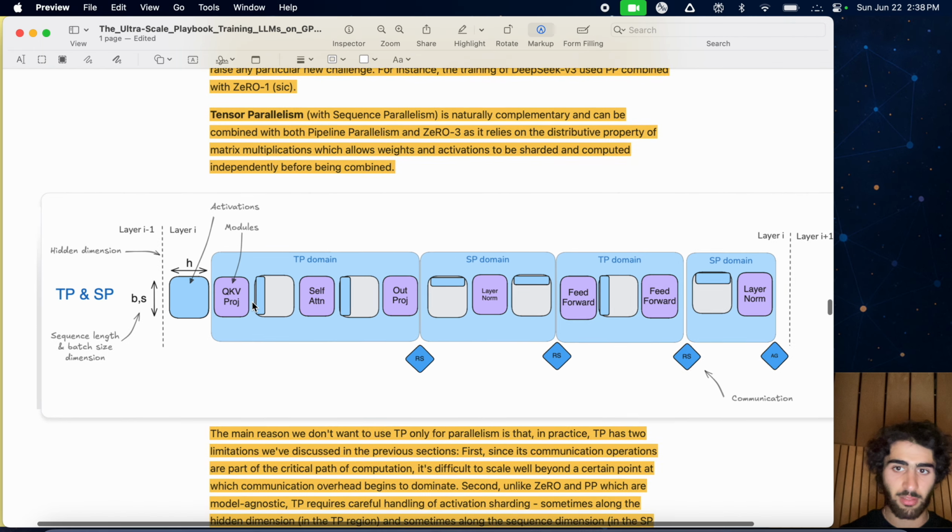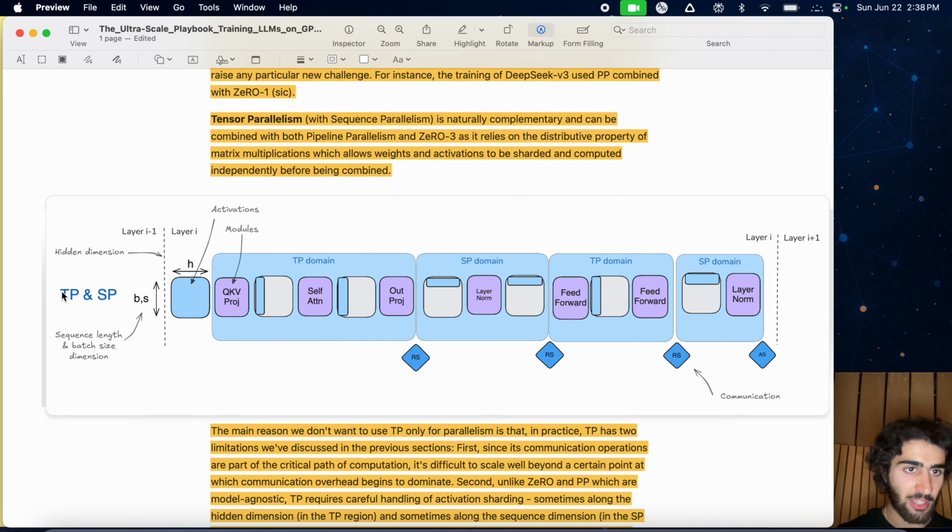So let's look at what this diagram shows with tensor parallelism and sequence parallelism, where we have our hidden dimension here, and our batch and sequence length have been essentially put onto one dimension, which is to say that instead of having b squares of s by h, we'll line up all of the squares of s by h one by one.